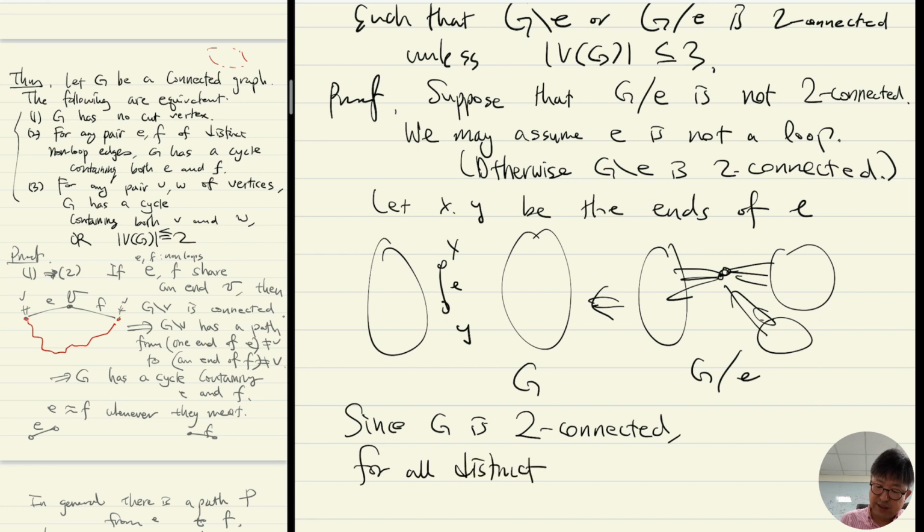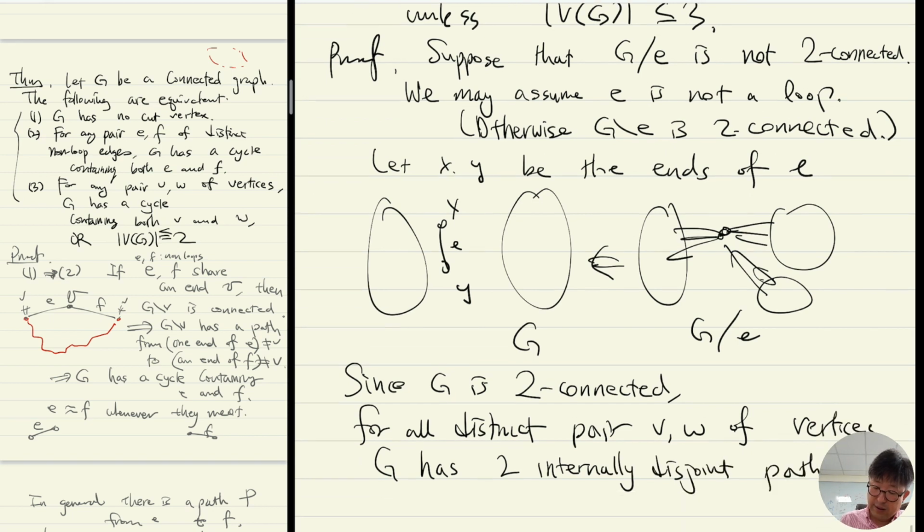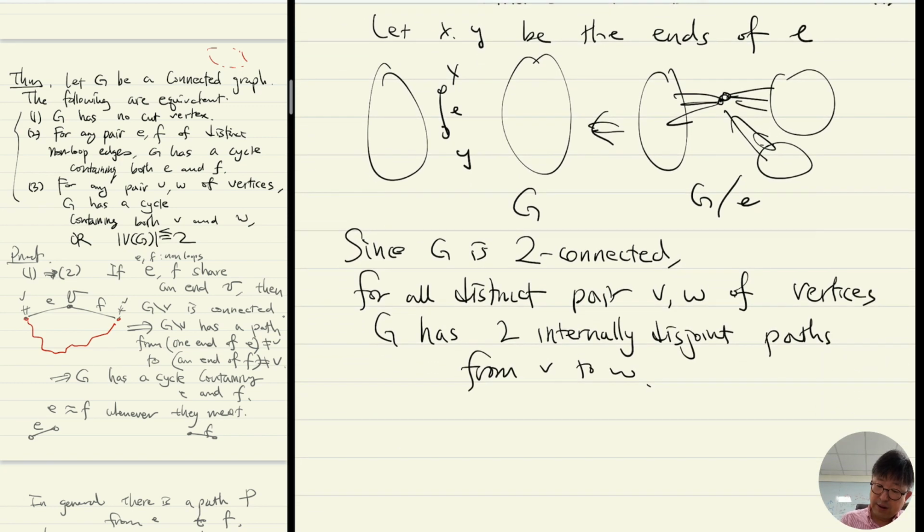For any distinct pair v, w of vertices, G has two internally disjoint paths from v to w. Right, now why do I care?